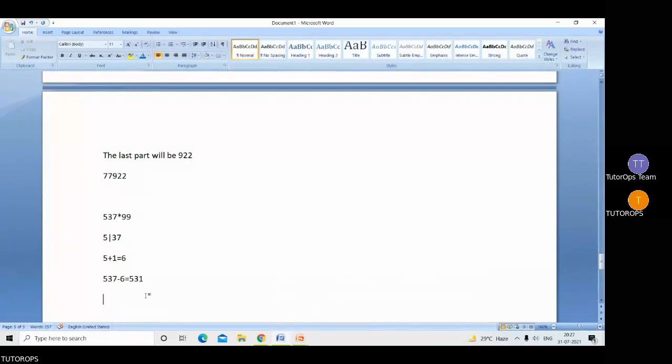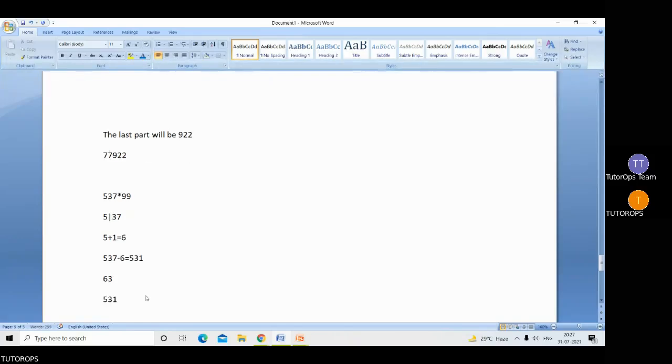Now after doing that, 3 will be subtracted from 9 and 7 will be subtracted from 10, that will result in 63. Now the total answer will be 53163. This is as simple as this.